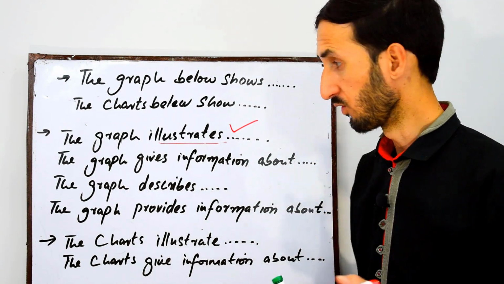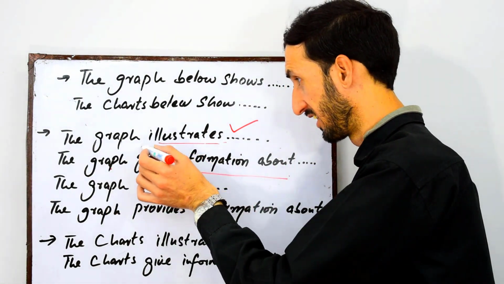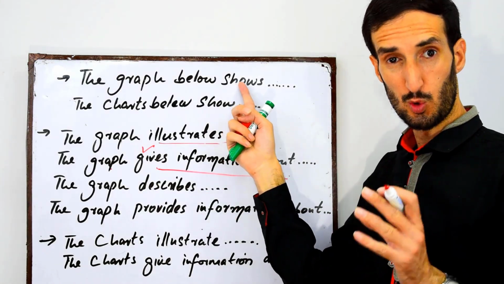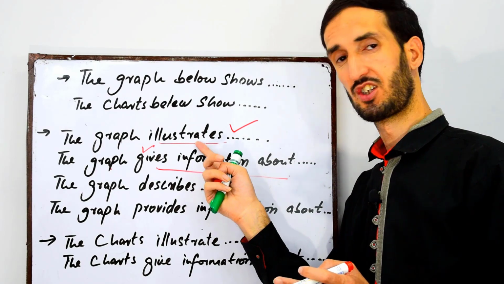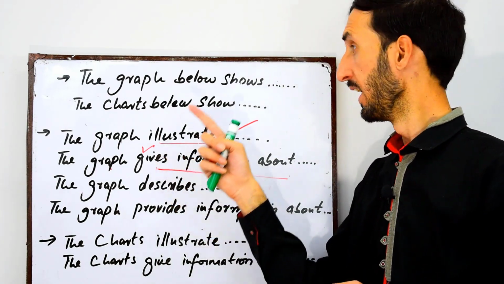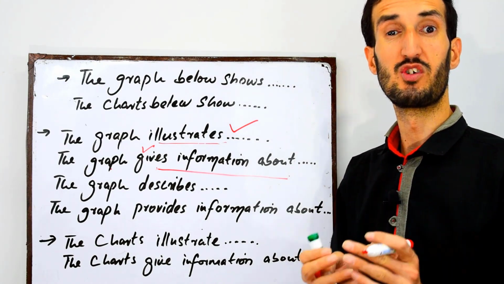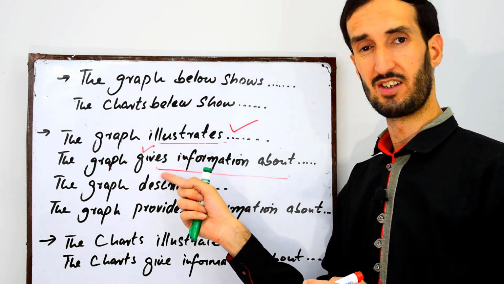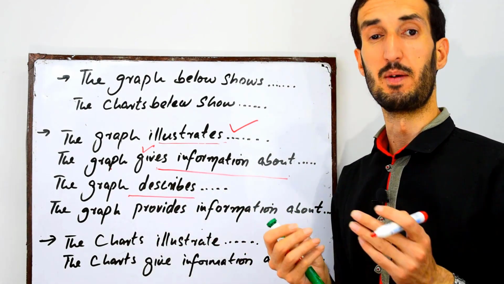You can also write this way: "The graph gives information about." It is "gives." Once you have "shows," then you have to write "gives," "illustrates," because this is present simple. If you have present simple here, once you have to paraphrase, you will use the same tense, that is present simple. So you can also write this way, "The graph describes."